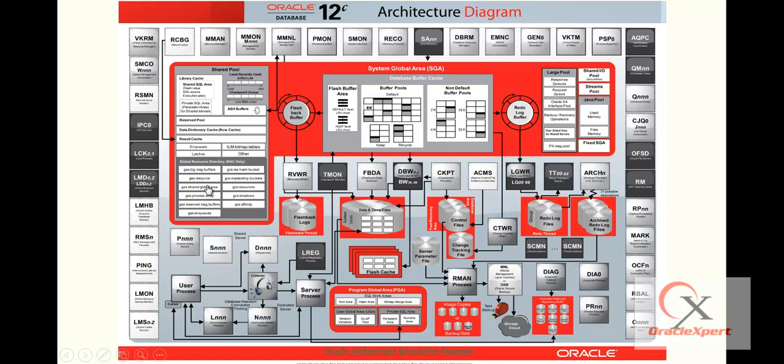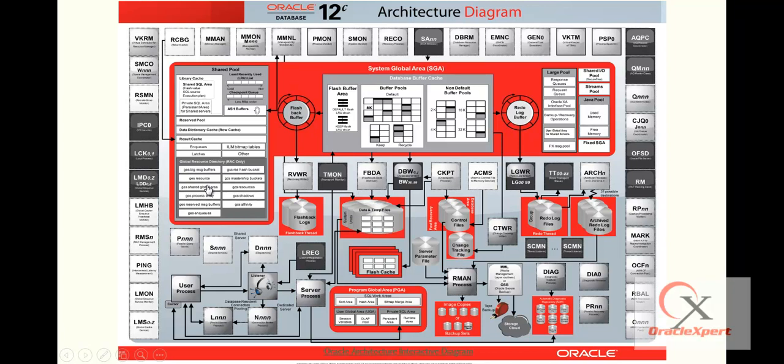Latches are used as a low-level serialization control mechanism to protect shared data structures in the SGA from simultaneous access. Some examples of latches are cache buffers LRU chain, row cache objects, library cache pin, log file parallel write, and there are many different latches.